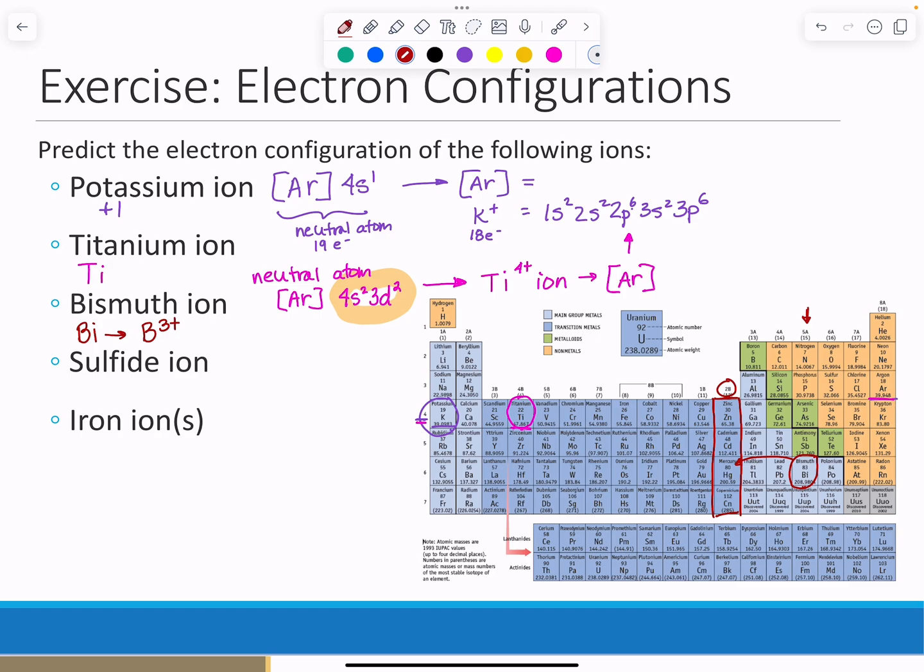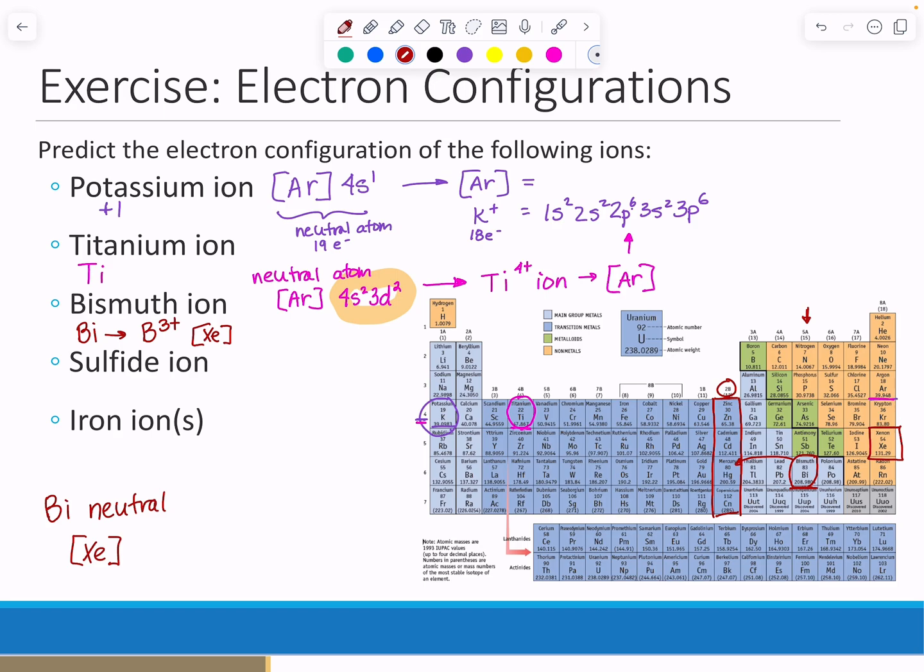Right? And so what is the nearest noble gas? The nearest noble gas is xenon. Okay. And now the neutral atom, okay, so bismuth neutral is going to be xenon. But this is the P block here that bismuth is in, right?